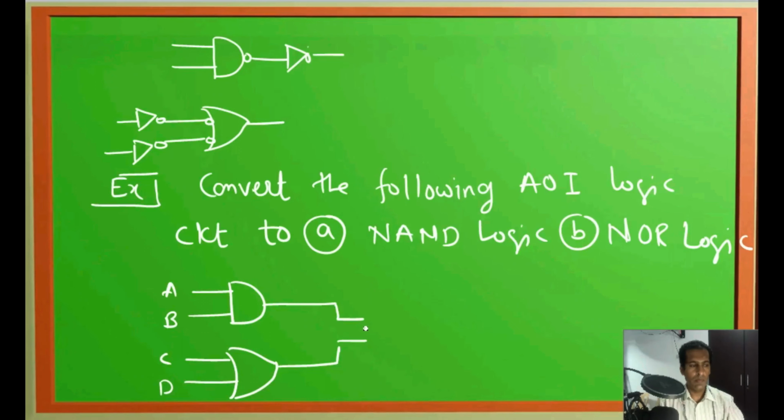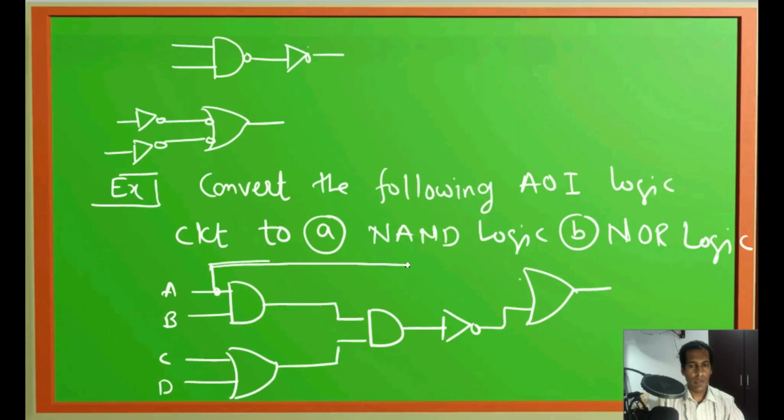The outputs of both are given to one AND gate followed by one inverter, and this inverter is one of the inputs for the next OR gate, along with one line coming from A. This circuit we have to convert to NAND and then NOR. So let us see this.